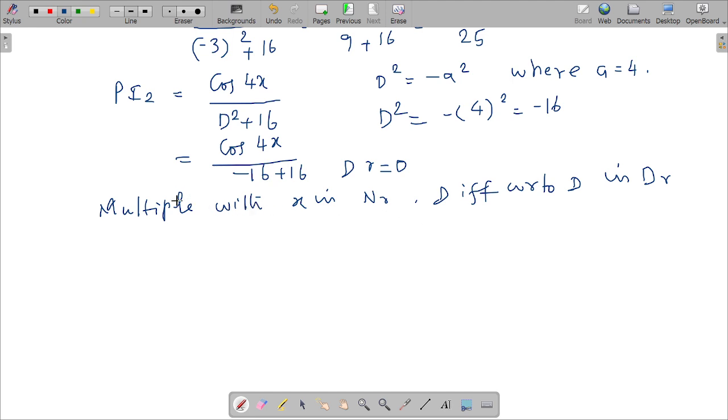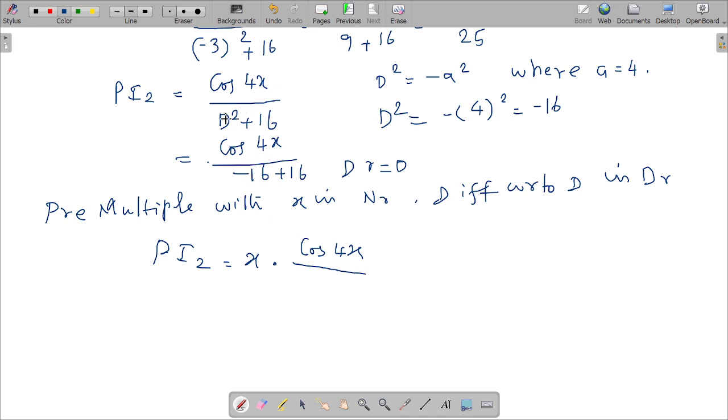It is not only multiply, it is known as pre-multiply. Pre-multiply means multiply before that value, that means x. Pre-multiply by x here. Write cos 4x and then differentiate with respect to D in the denominator.